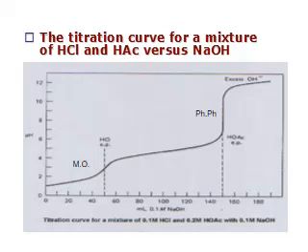Okay. At the second endpoint, what is remaining in the solution? Who will react? All the HCl has finished its work and gave endpoint 1, the first break. Now I have in the solution the acetic acid, which still didn't react.